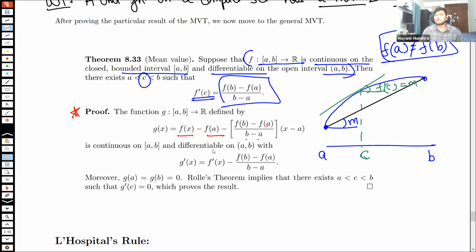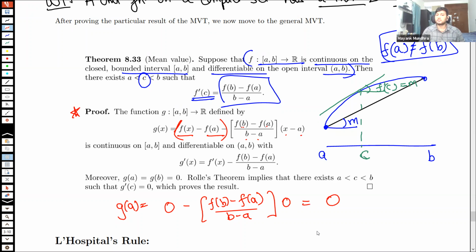This is a complicated function, but why am I defining it? g of a becomes f of a minus f of a, so that is 0, minus f of b minus f of a upon b minus a into a minus a, so that is 0. So g of a becomes 0.